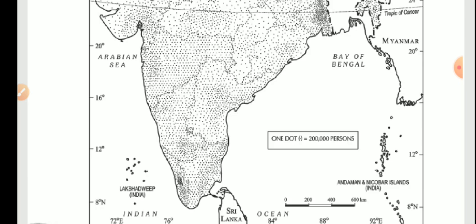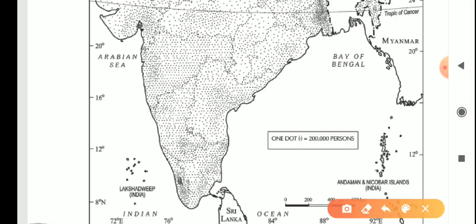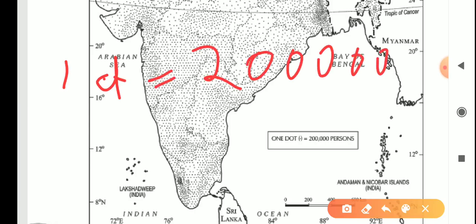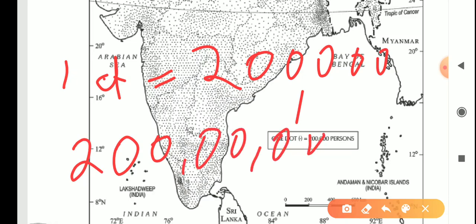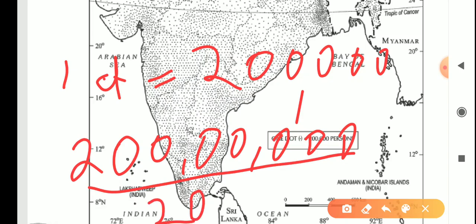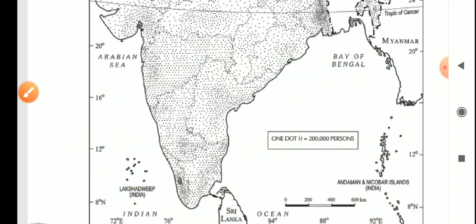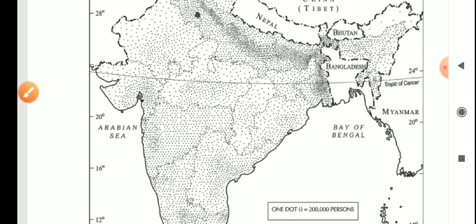Can you calculate? One dot represents 2 lakh population. Then 2 crore population will be represented by how many dots? Divide by 2 lakhs, it will be 100. Okay, so we have to mark 100 dots in the state.